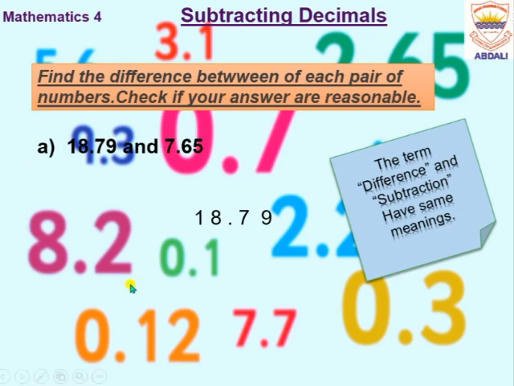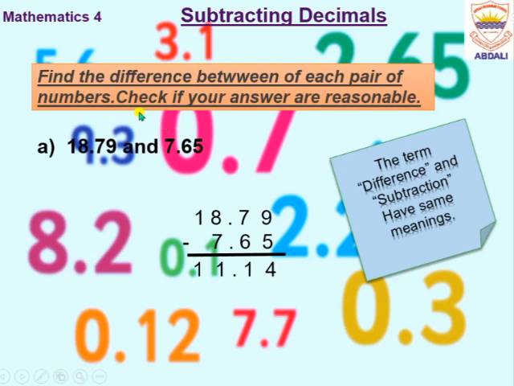As we have to put decimal below decimal, we will write 7 below 8. Now we simply subtract: 9 minus 5 will give us 4, 7 minus 6 will give us 1, 8 minus 7 is 1, and here we have nothing, so 1 will remain as it is.